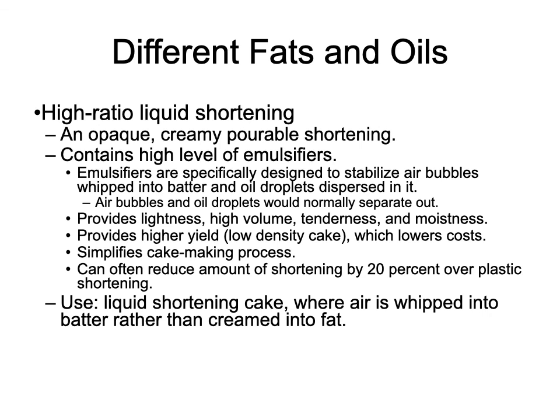This is typically used a lot in cakes and baking as well. This has a little bit less hydrogenation, high levels of emulsifiers, so it really creates a very high volume, very moist cake, very moist products. It's really used a lot in the commercial world, especially in factory baking environments. They buy it by the truckload.